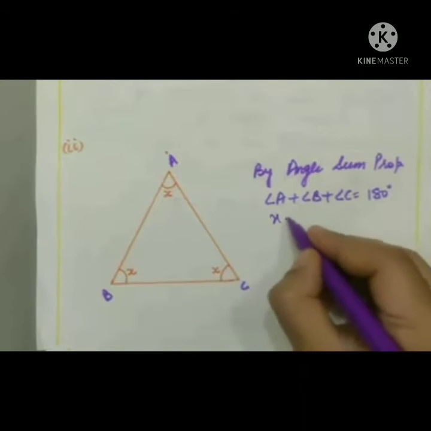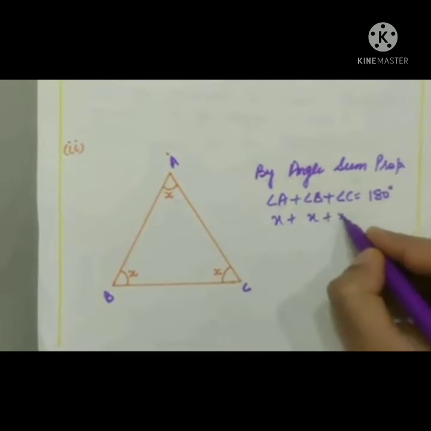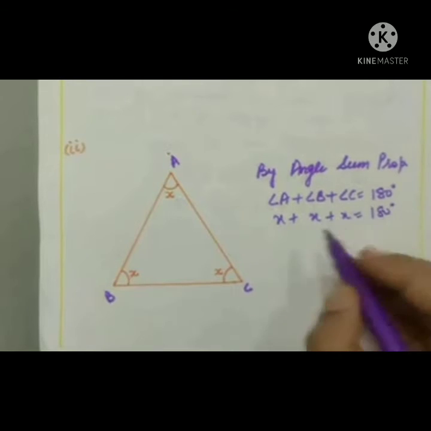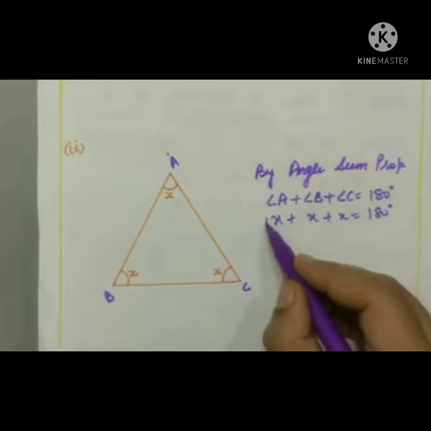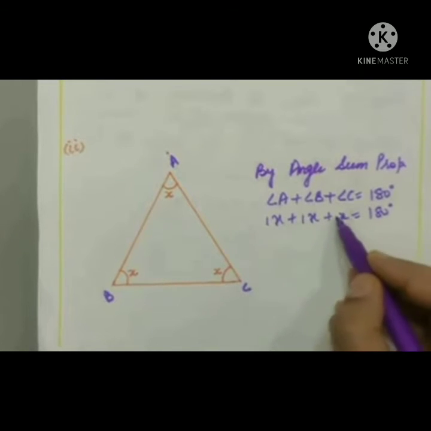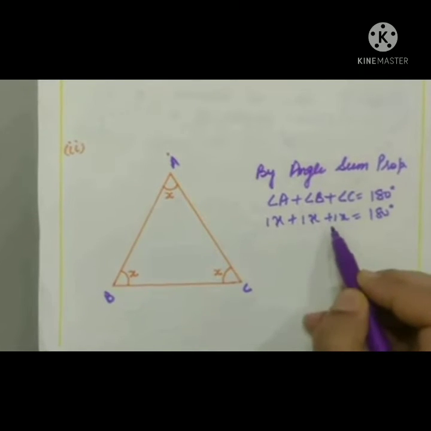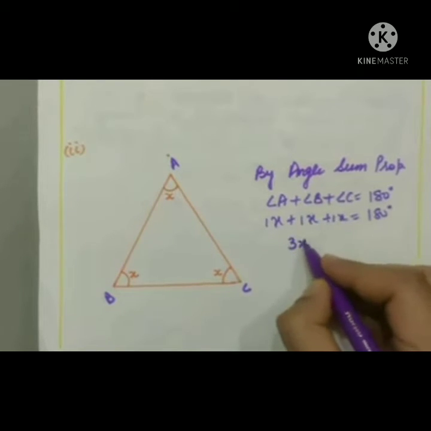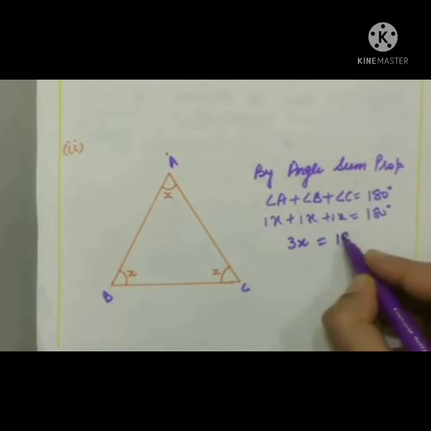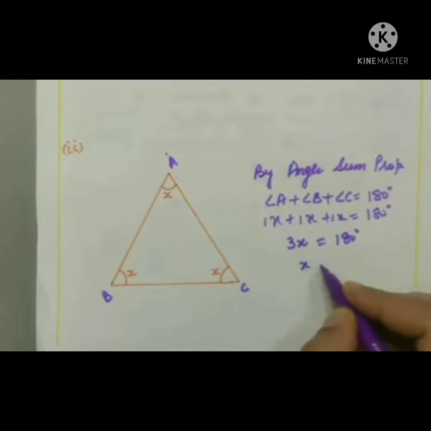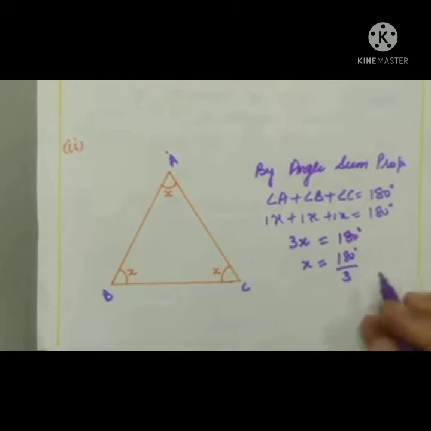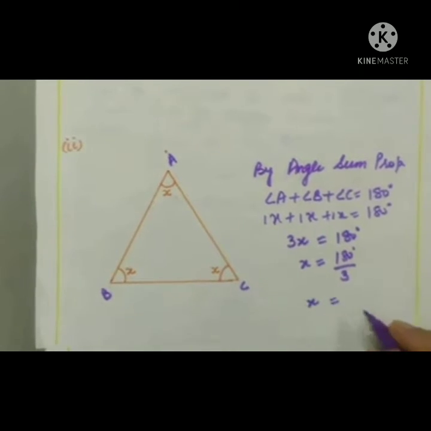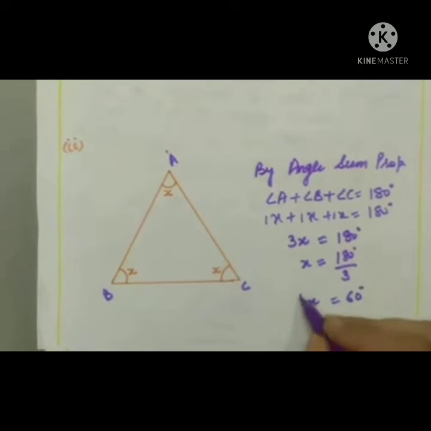So angle A is x, B is also x, C is also x, equal to 180. And x plus x plus x, as we know the coefficient of x is 1 here, here also 1 and here 1. So 1 plus 1 plus 1 is 3, and 3x is equal to 180 degrees. So when we bring this 3 to the right side, 180 will be divided by 3. We will get the value of x as 60 degrees.